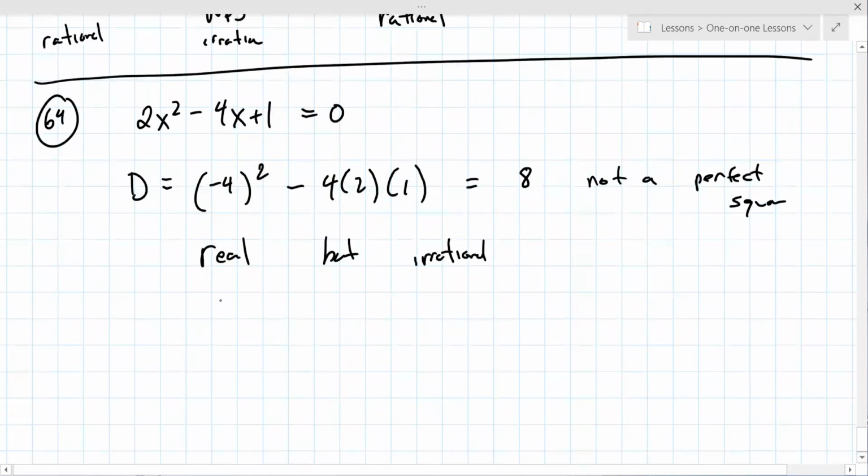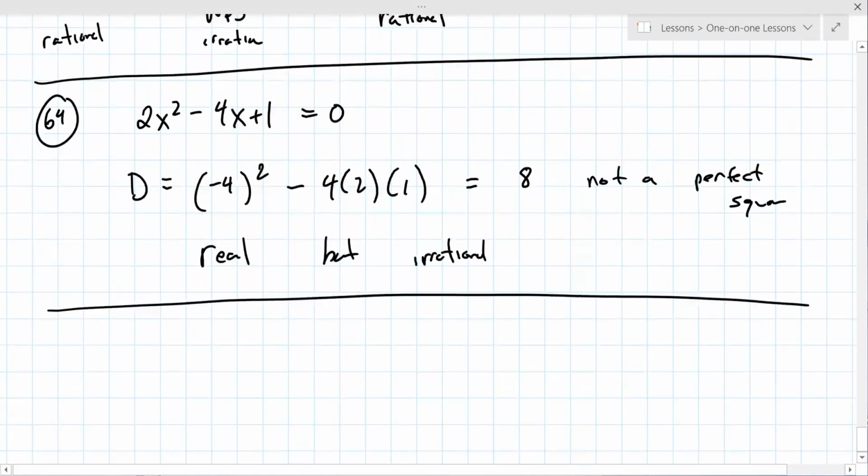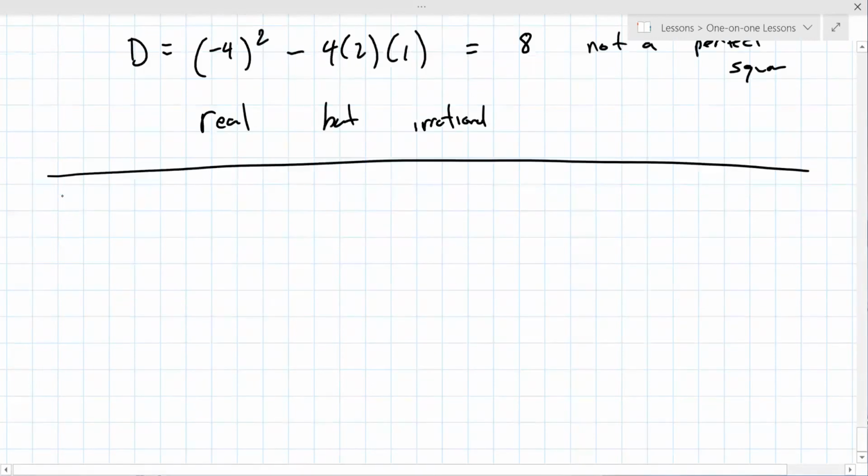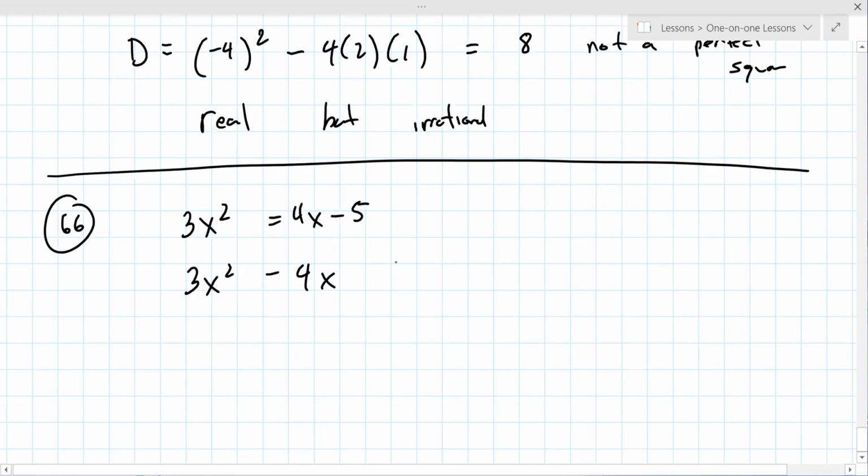All right, let's do 66 to close out here. I want to get everything on one side of the equation. 3x squared equals 4x minus 5. So move the 4x over, move the 5 over. So now the b squared minus 4ac.